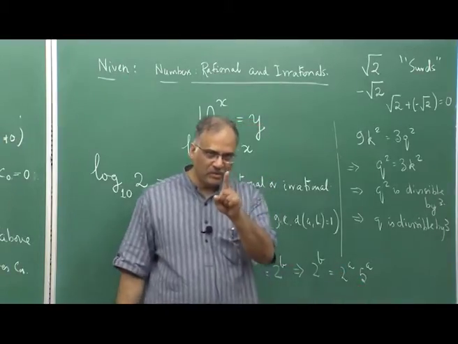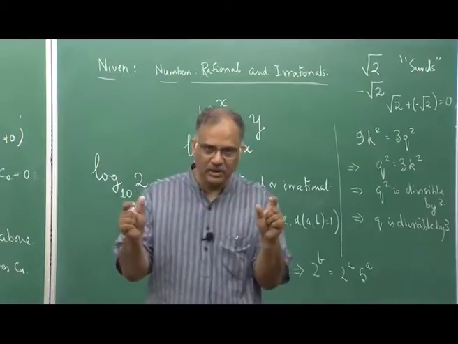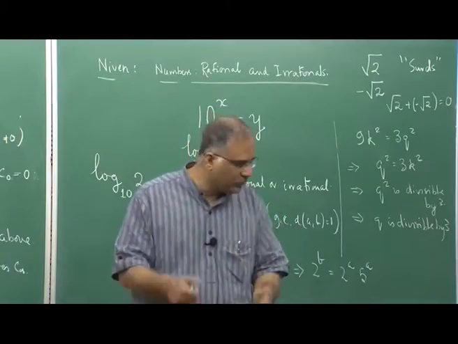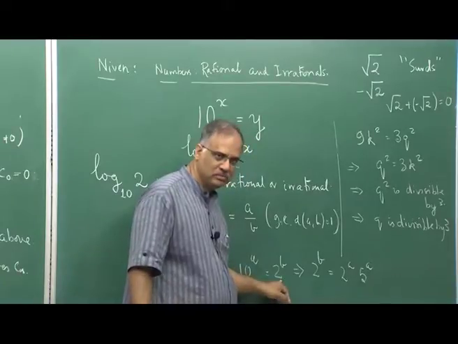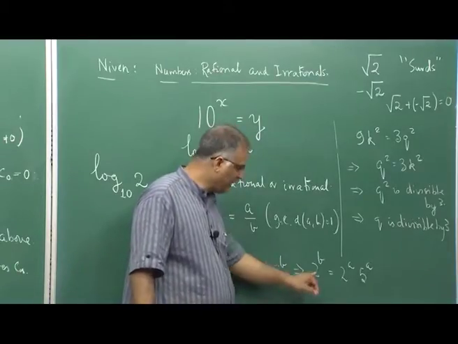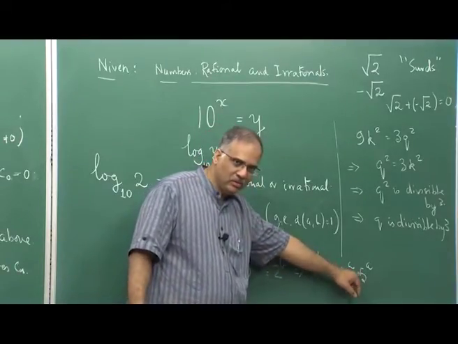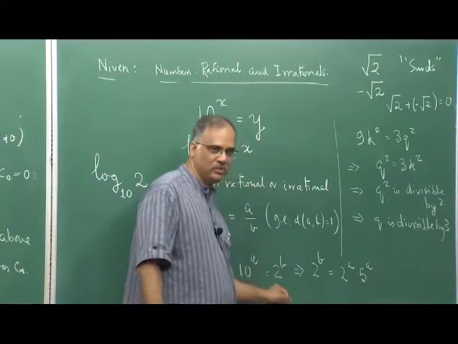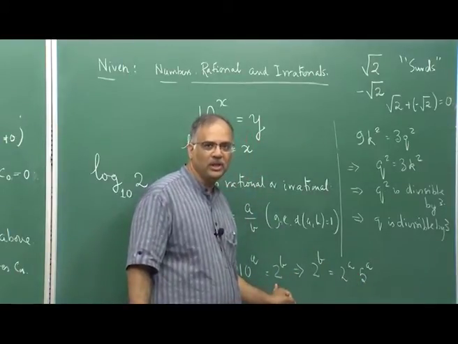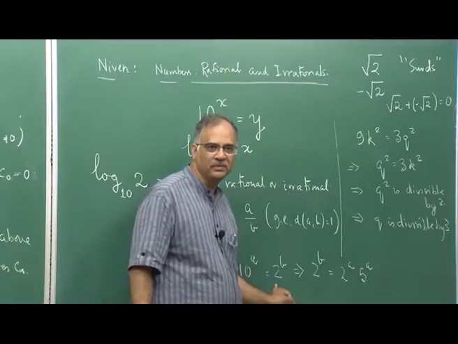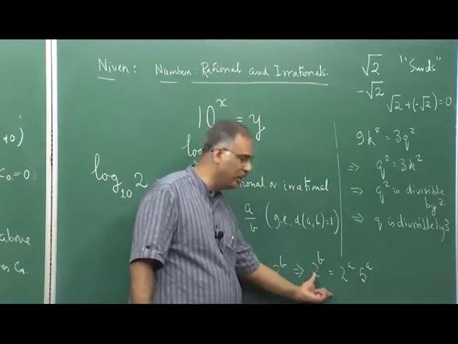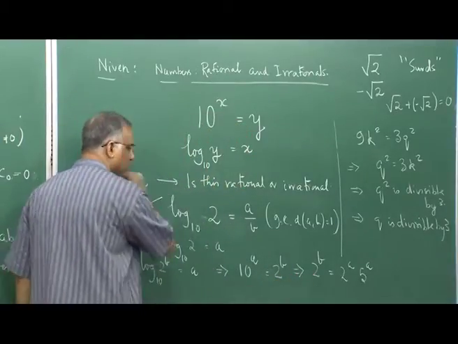Each of the prime numbers in the prime factorization must divide this number 2 to the power B, but 2 to the power B cannot be divided by 5. So here comes the contradiction, and hence this is an irrational number.